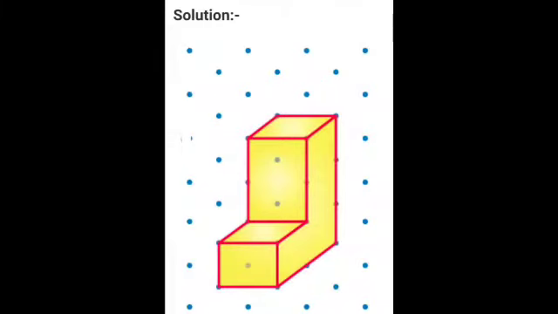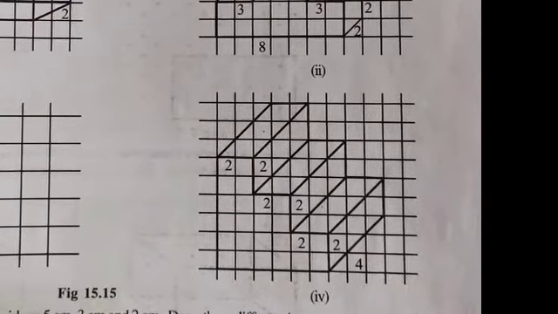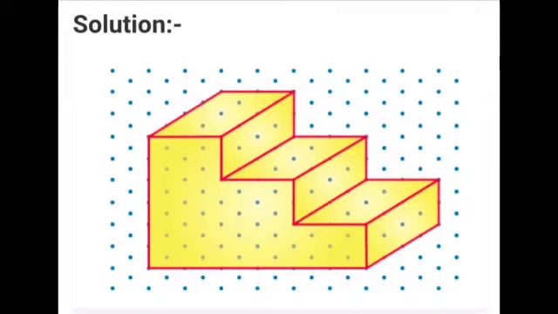See, this is how we can easily construct the solid through this isometric dot. Let us see sum number 4. See, just observing the length, we can easily construct an isometric sketch on isometric dots.